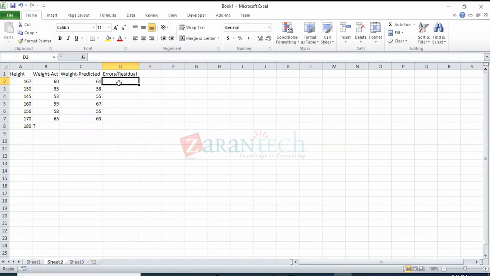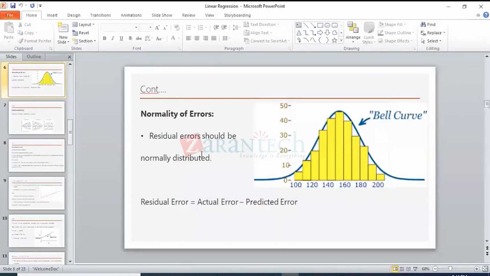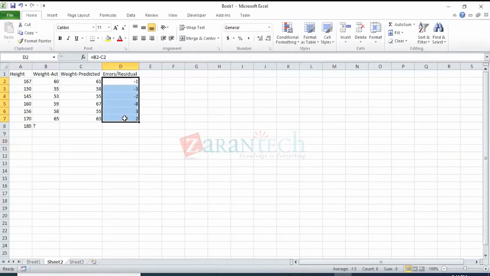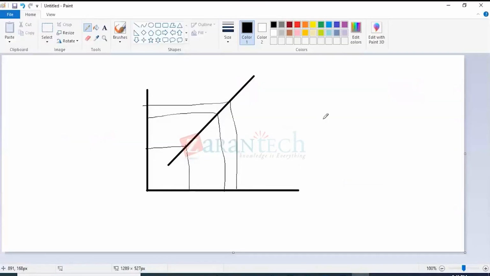If we calculate the difference, this is the difference. Now what does normality of errors mean? The residual errors should be normally distributed. If I plot it on a graph, these values have to be normally distributed. You know how a normal distribution looks, right?